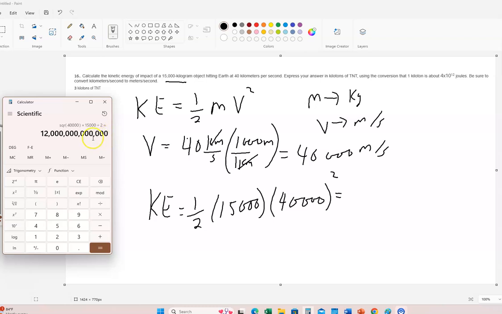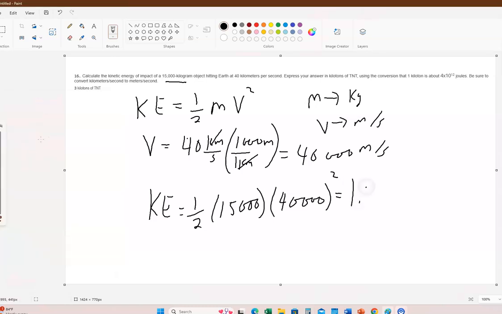So it's 1, 2, 3, so there's 6, 9, 12. So the answer is 1.2 times 10 to the 13th joules. And we're going to use this conversion right here, 1 kiloton.